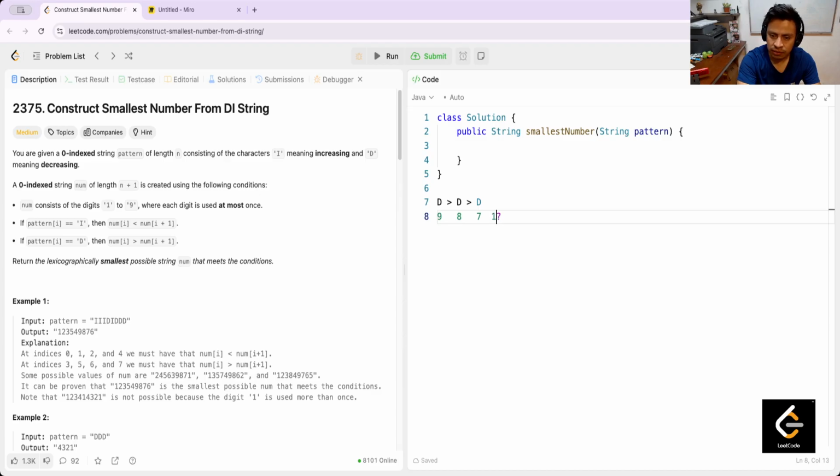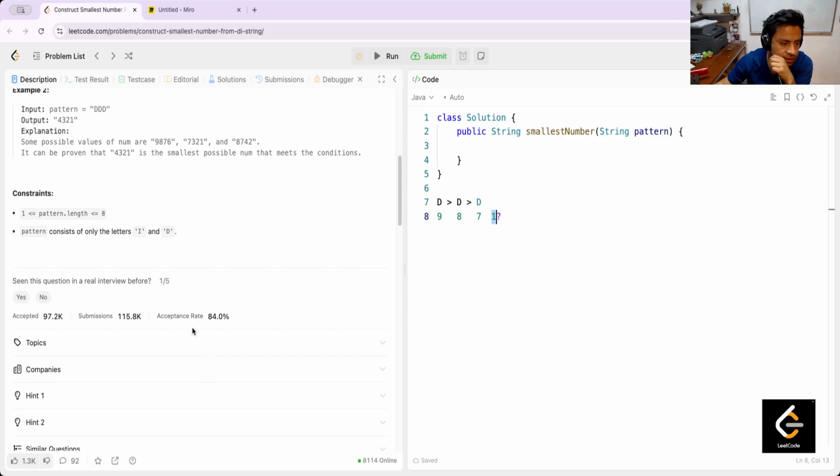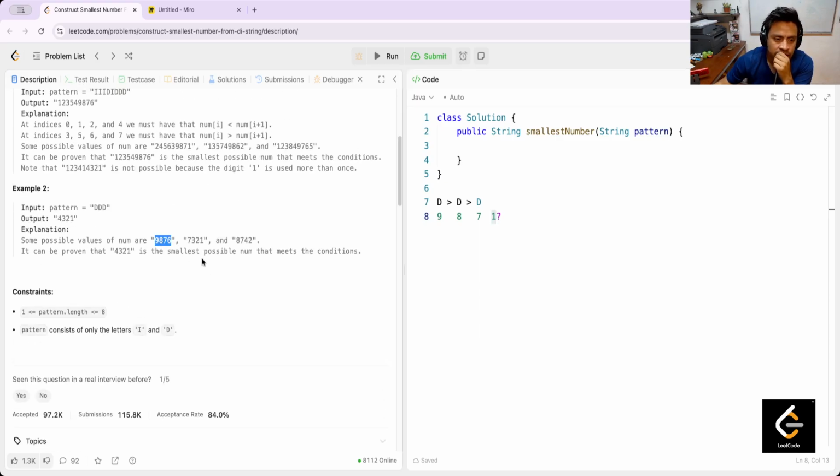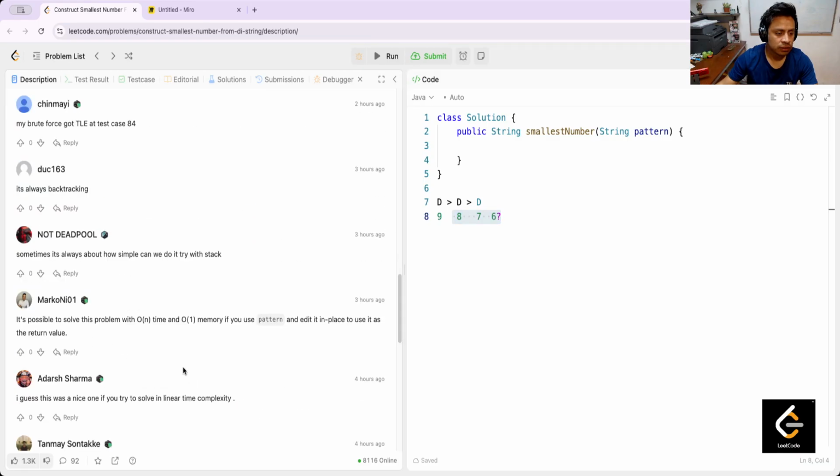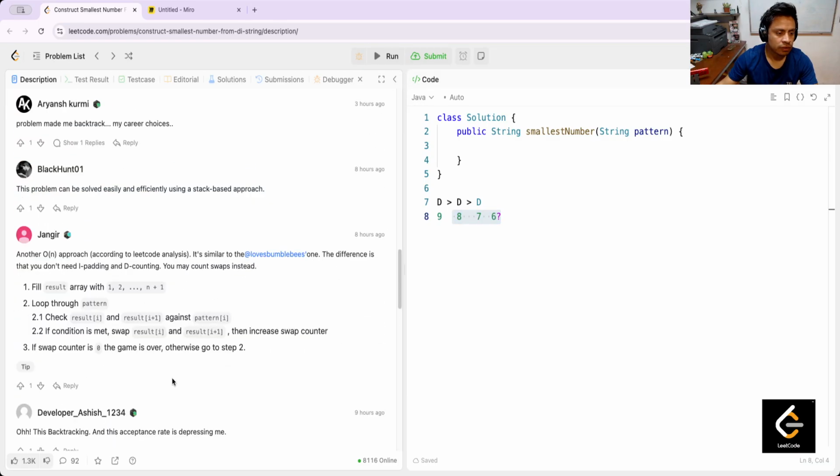For example, 1, because this should be greater than the next, and the next is this. Okay, in this case 7. Oh, well, yeah, 6. Okay. Now, test.